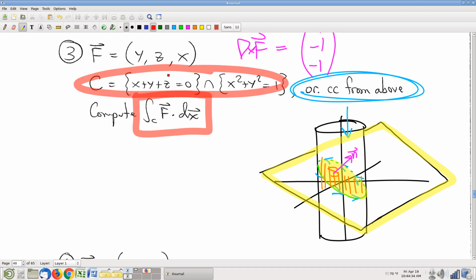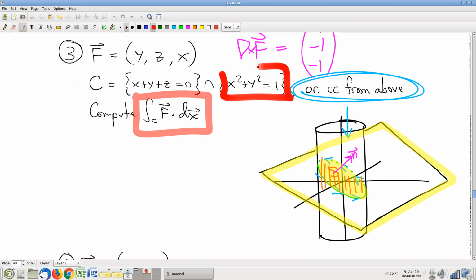It's not hard to parameterize. X and Y are sine t and cosine t. Once you know X and Y, Z is easy to compute. The vector field's really easy. All you would end up with is a couple of trig integrals, and it's not 100% clear which is going to be the easier way to do it.